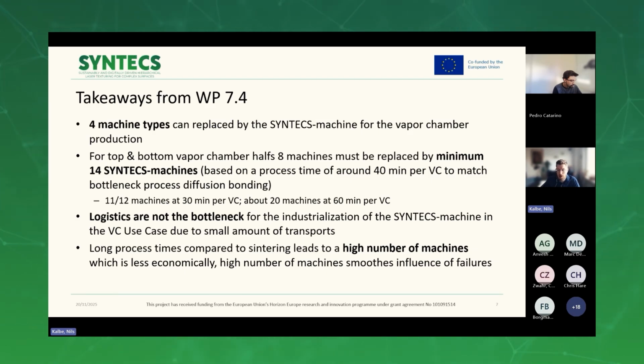20 machines. So we found out that the logistics are not the main bottleneck for the industrialization of the SYNTECS machine in this use case due to the small amount of transport.